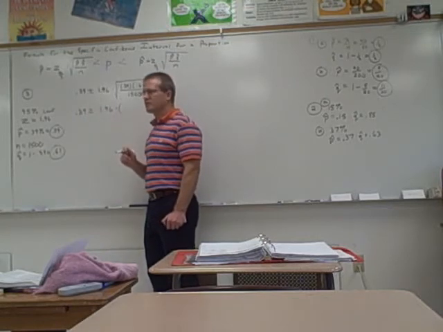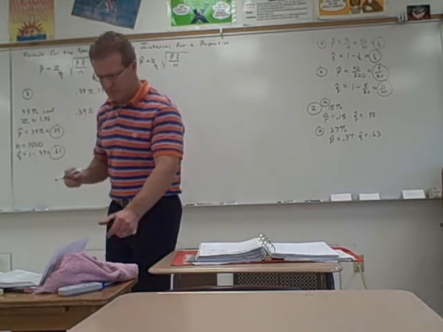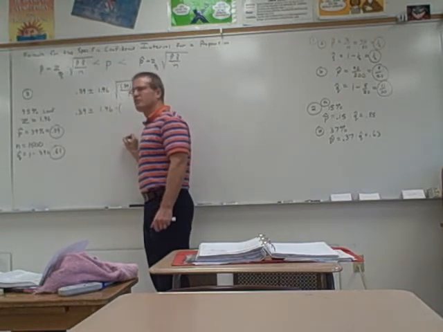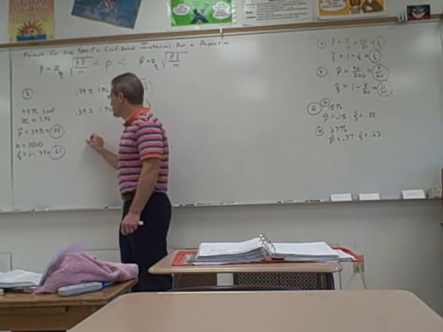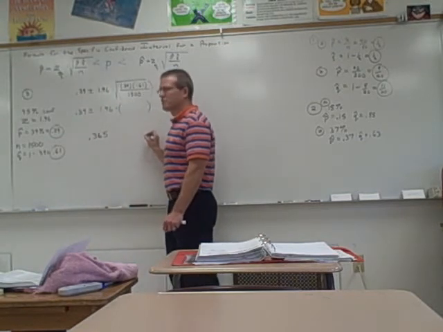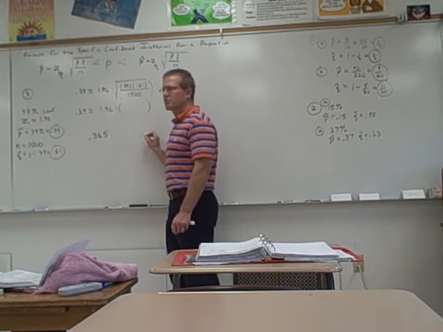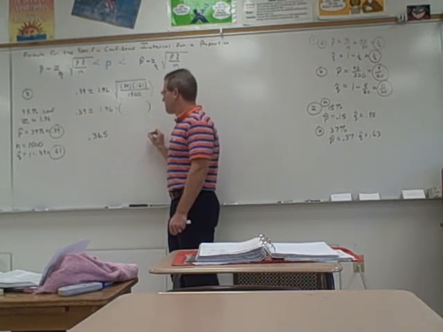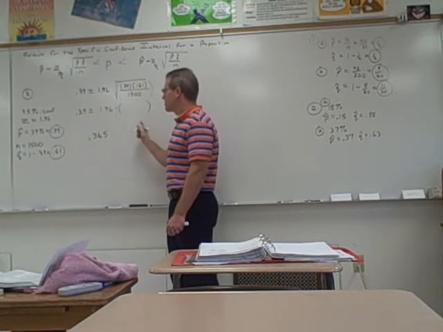Can anybody tell me the final answers here? Tell me what you got. 0.365. Is that your bigger number or your smaller number? Smaller. When you do it with a plus, you get the number on the right.